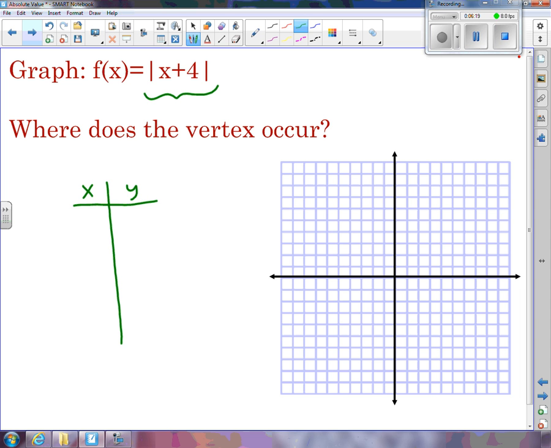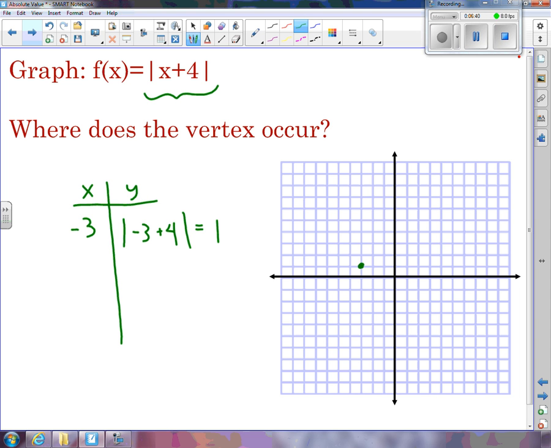So here I have, let's try negative 3. If I plug in negative 3 into this, now that negative 3 plus 4 is on the inside of the absolute value, negative 3 plus 4 is what I'm going to do first. That gives me 1. The absolute value of 1 is 1. So I have the point negative 3, 1.